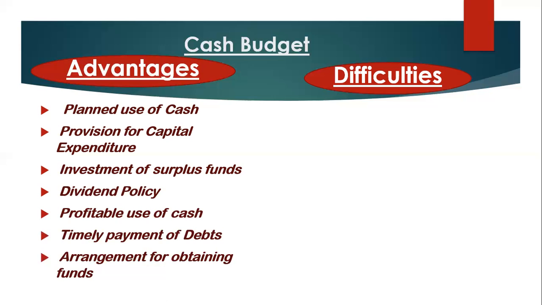We don't have to rush at an emergency level, because with the cash budget we know when we need a huge amount of cash, so we can arrange in advance how much funds we need and how much we will have to obtain.